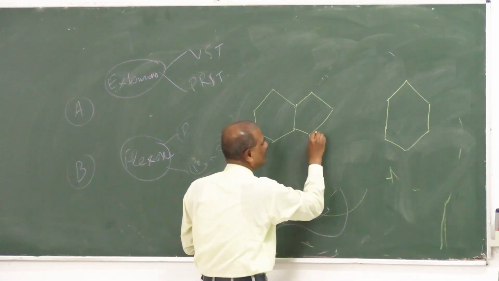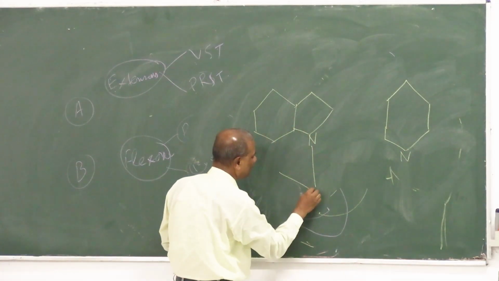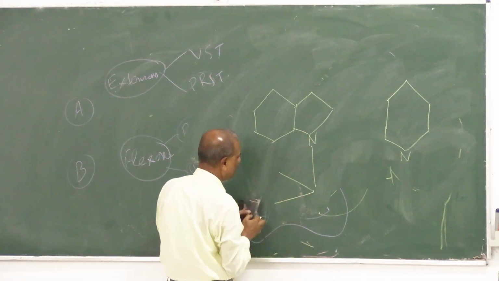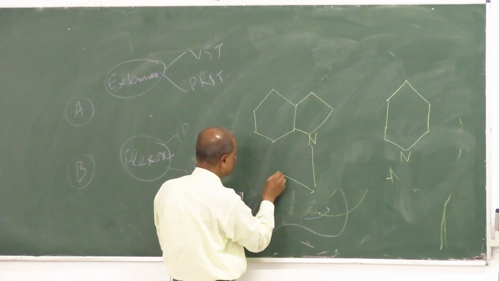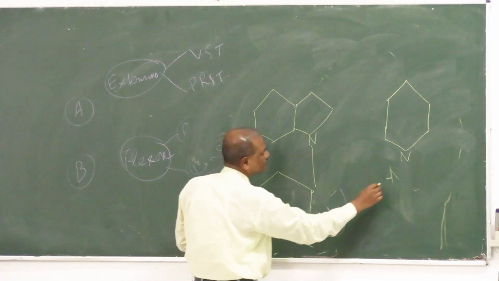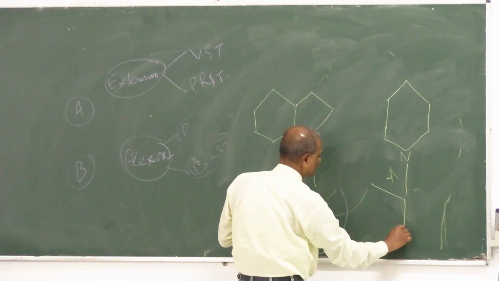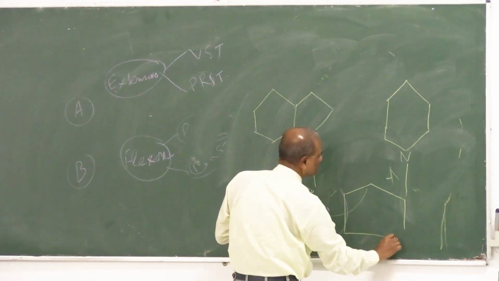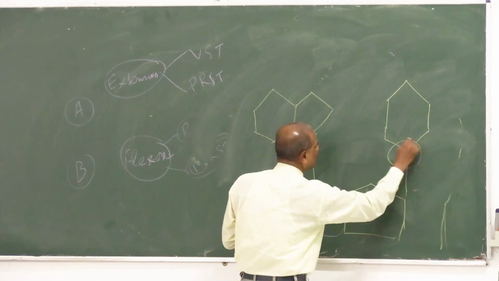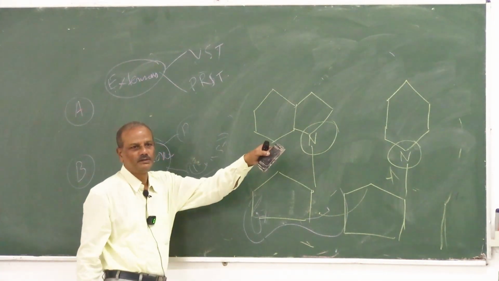See, here is also N, this is also N, to which basically a ribose or deoxyribose molecule is attached. So basically, an N-glycosidic bond is there, be it purine, be it pyrimidine.